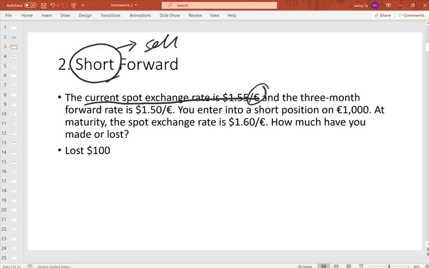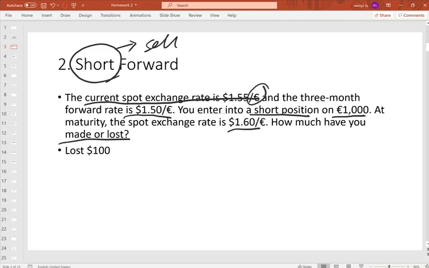The 3 months forward rate is $1.5 per euro. And you enter into short positions on 1,000 euros. And at maturity, the spot exchange rate happens to be $1.6 per euro. How much have you made or have you lost?